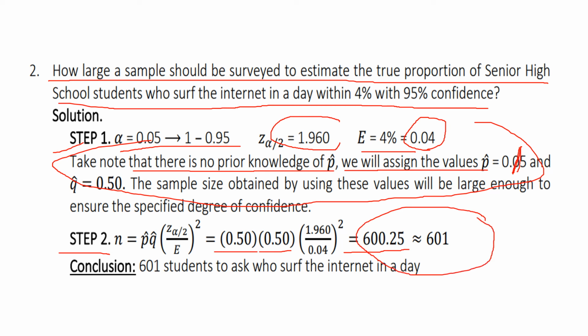Again, 600.25 is greater than 600. So we need to round up this one to the next whole number. That is 601. Our conclusion: 601 students who surf the internet in a day. So we need 601 students to make this research successful.